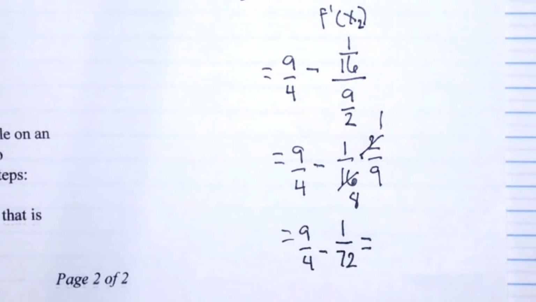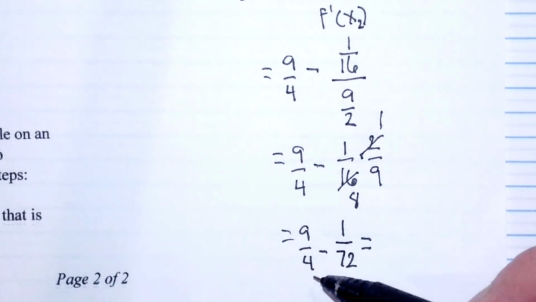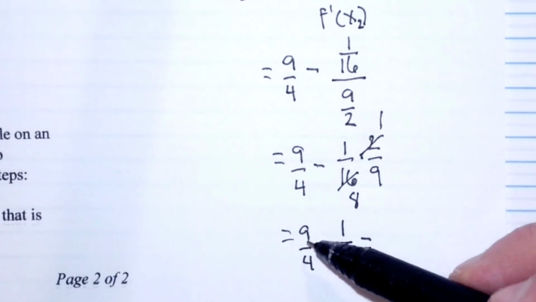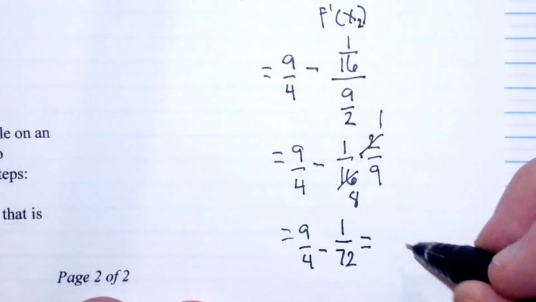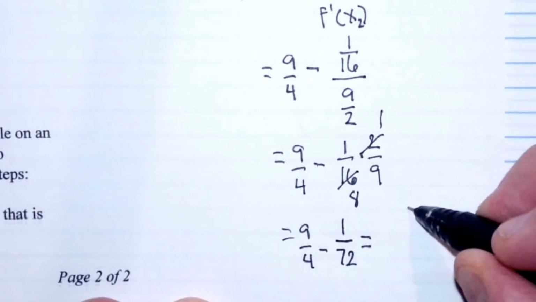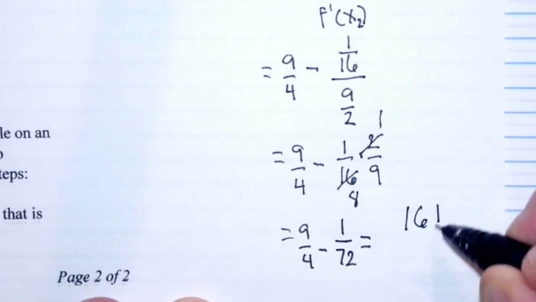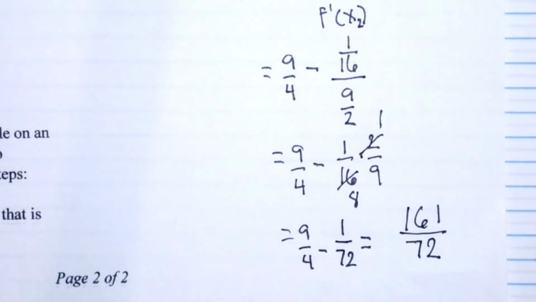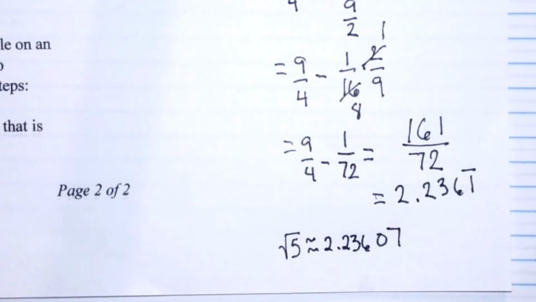We need to multiply this by 18 and that by 18. 9 times 18 would be 162. Subtract the 1, that would be 161 over 72. So I got 2.236 with a repeating 1.